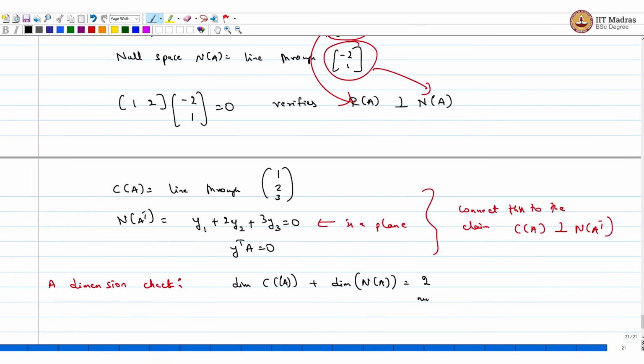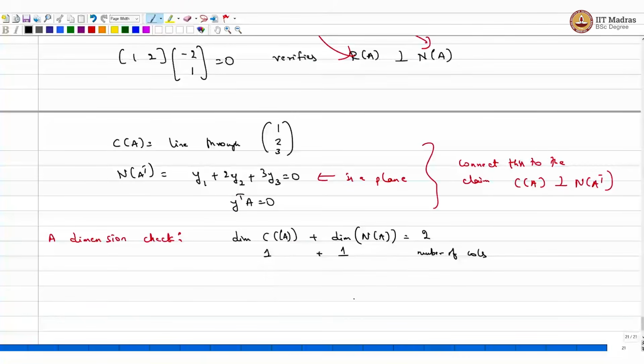This is 1 and this is 1. Now the dimension of the column space of A plus the dimension of the null space of A transpose should be the number of rows, which is 3, and this we know is 1, this we know is 2.